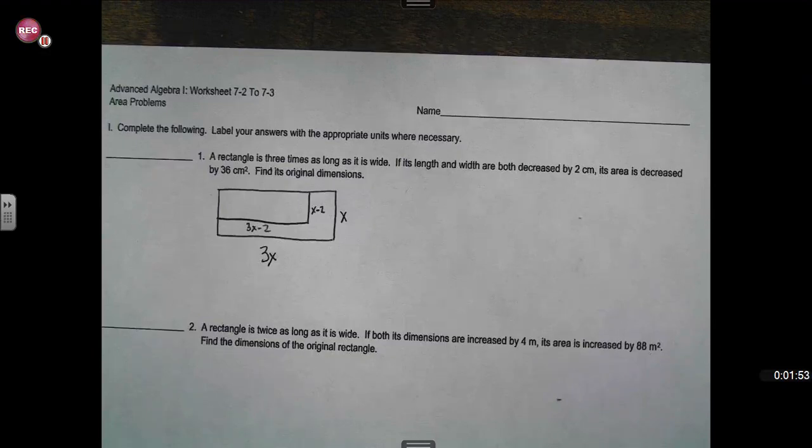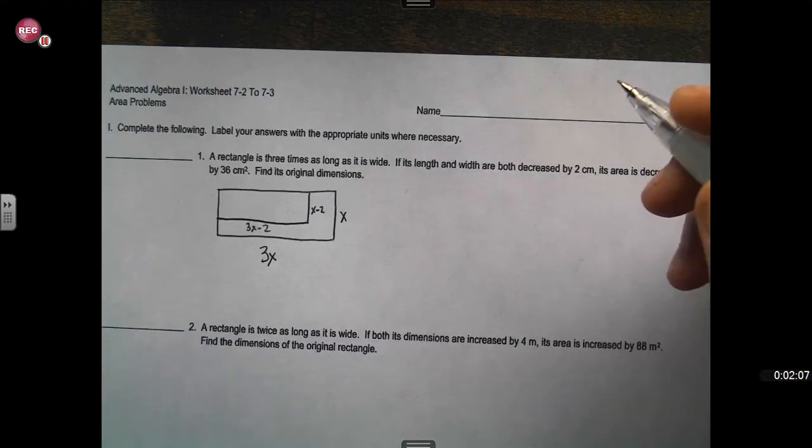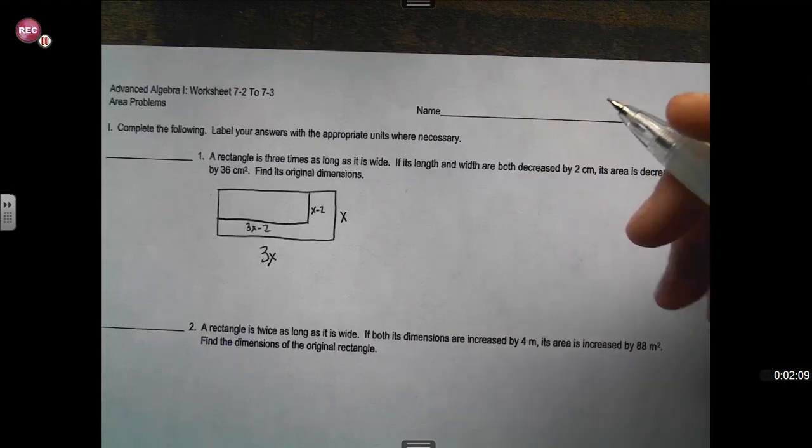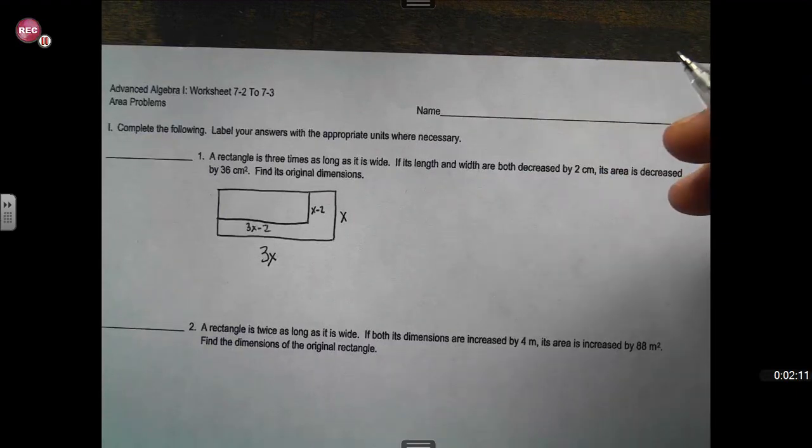And that's my preference. If I do that, I don't get into a situation where I have to distribute the negative. And if I distribute the negative incorrectly, then I'm going to get the problem wrong.